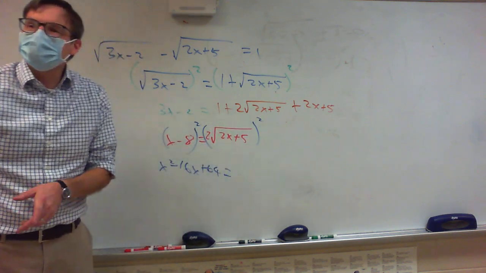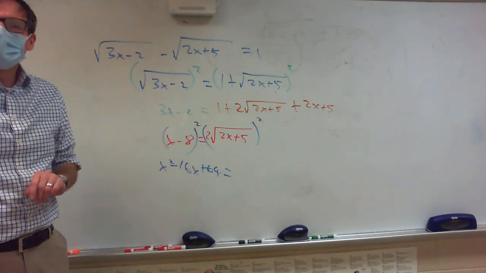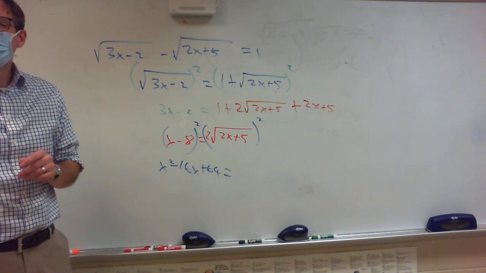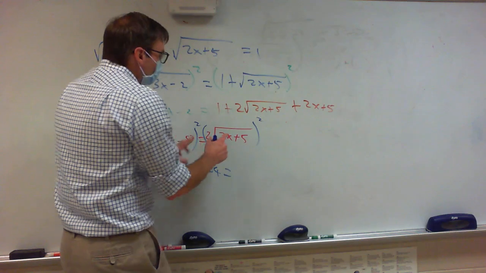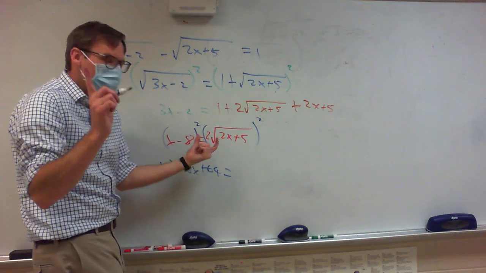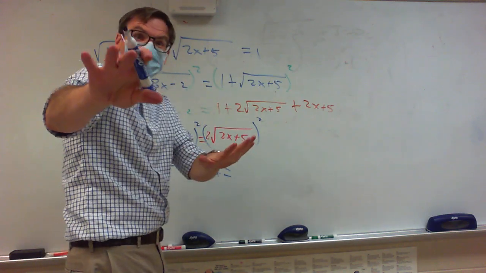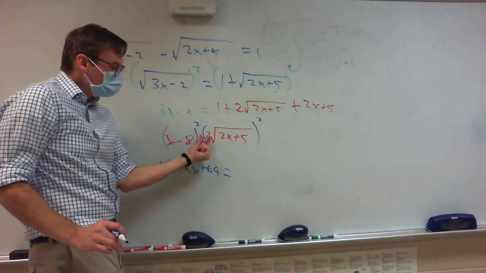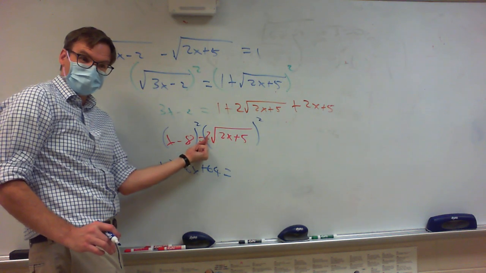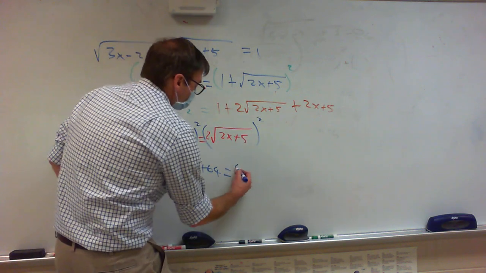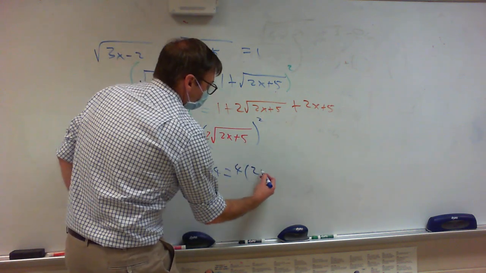And what does the right-hand side become? Yes. But let's, I mean, I do appreciate you did that in your head. But what I'd like to do is just go and say this is going to be a 4, right? Are we okay? When you square the 2, you get a 4? And so it's going to get a 4, and when we square this, we're going to get a 2x plus 5.